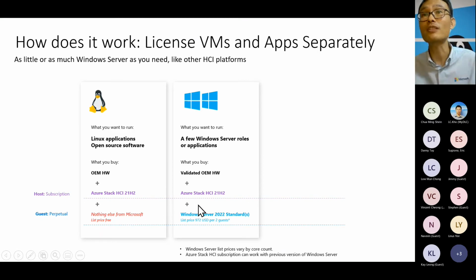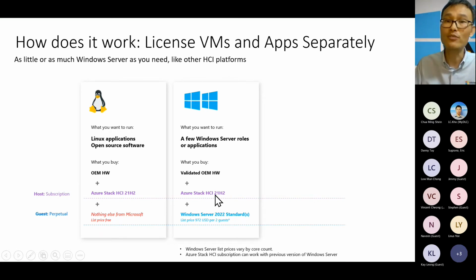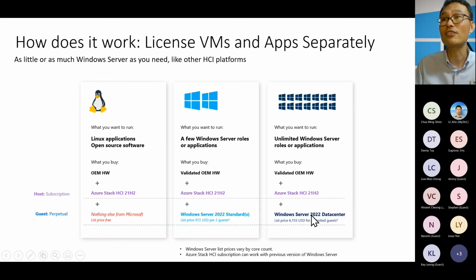If you're running a small number of Windows Server virtual machines, you can even go with Standard Edition, because as I say, Azure HCI 21H2 is a full-fledged HCI solution that gives you the hypervisor, the software-defined storage, and the SDN with the HPE servers. If you go with Datacenter Edition, obviously you can have hundreds and hundreds of Windows Server virtual machines together with that.